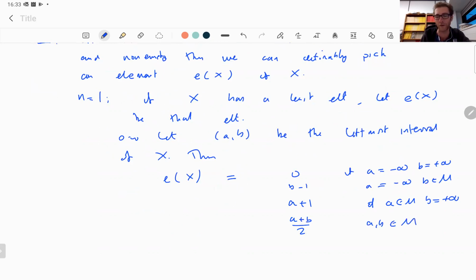Because we've got some extra structure on our set. So we have a plus and a division by 2. Okay, and that's the n equals 1 case, so then you can finish inductively to get this e of X in general.